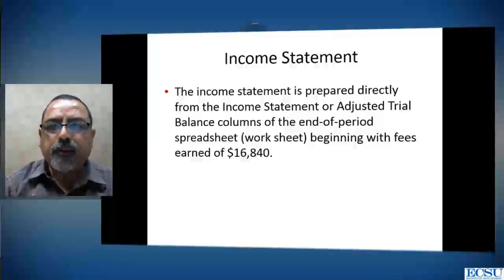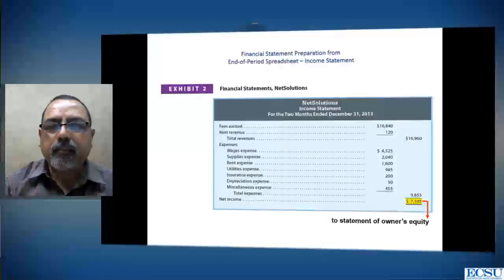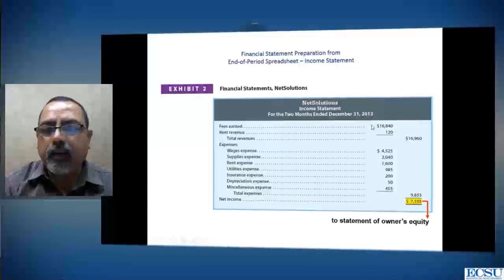So the first thing that we'll do is prepare an income statement. As you can see, from the end-of-period worksheet, we have taken out the fees earned, 16,840. To that we have added the rent revenue of 120 and calculated the total revenue to be 16,960.